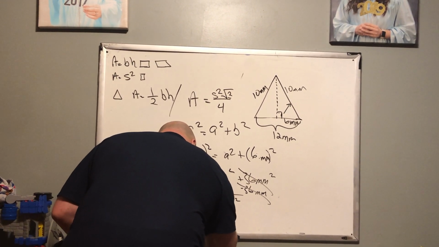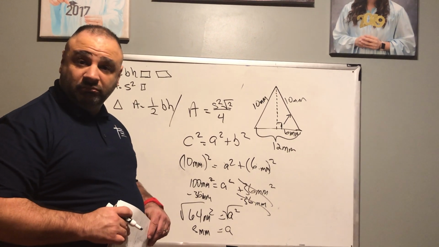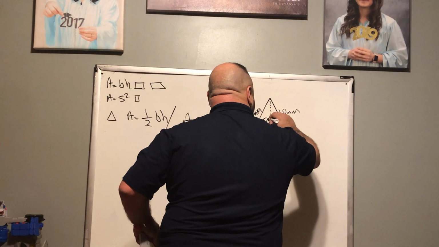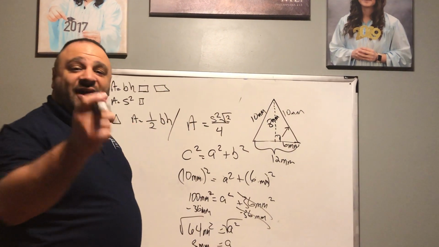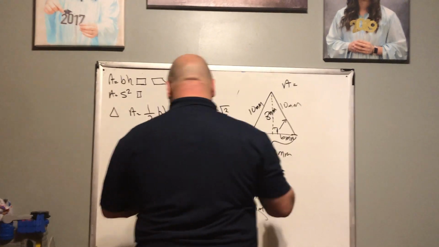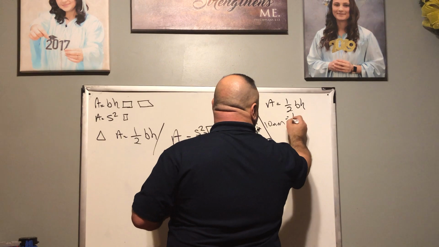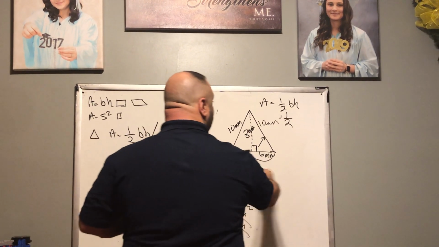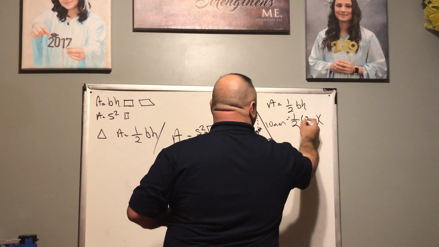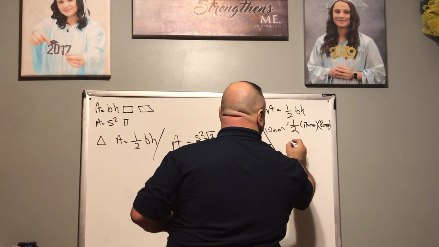8 millimeters. Now, that's not the answer. That only gives us the altitude. Now, how do I find the area? Area equals 1/2 base times the height. 1/2 the base of the triangle, which is 12 millimeters, times the height of the triangle, which is 8 millimeters.